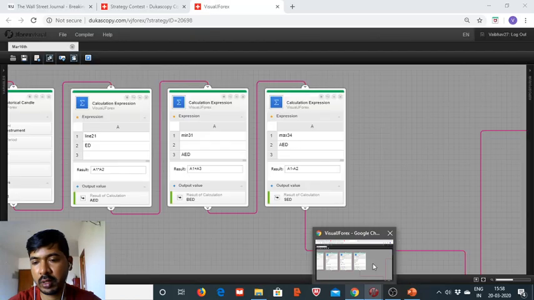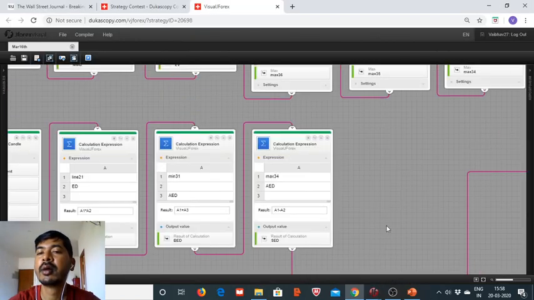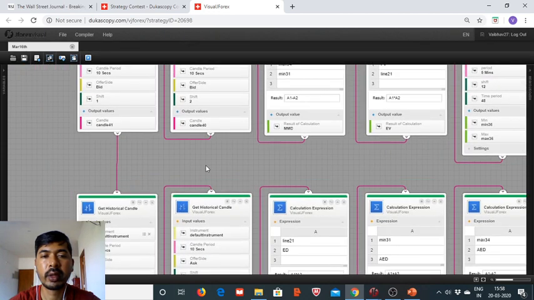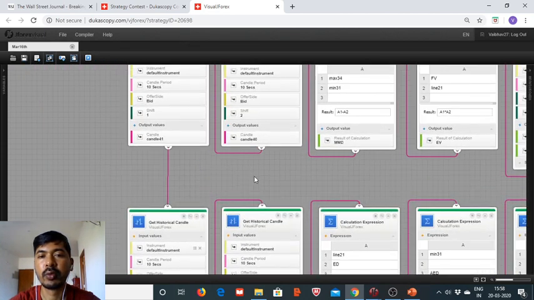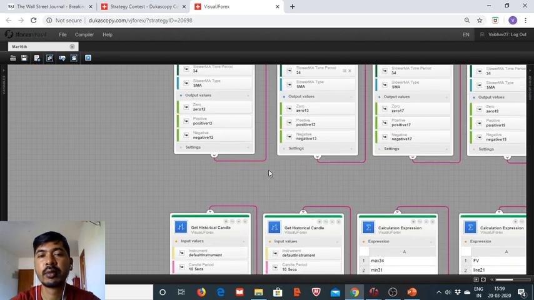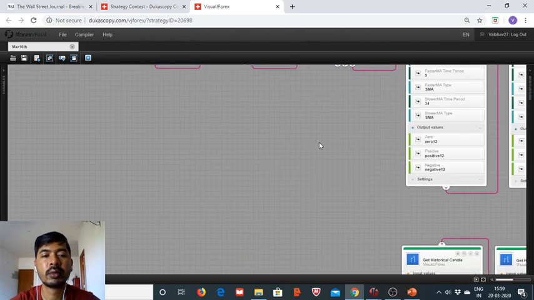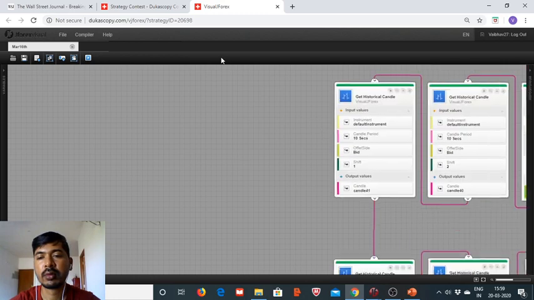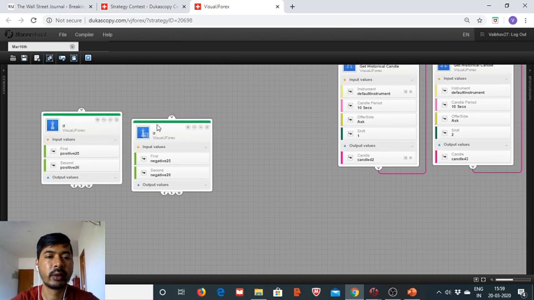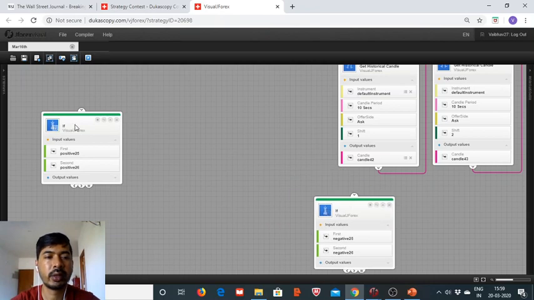Now we are almost done. We will add these last two if blocks, and of course we are going to determine, oh, where are those if blocks? Okay, here it is.